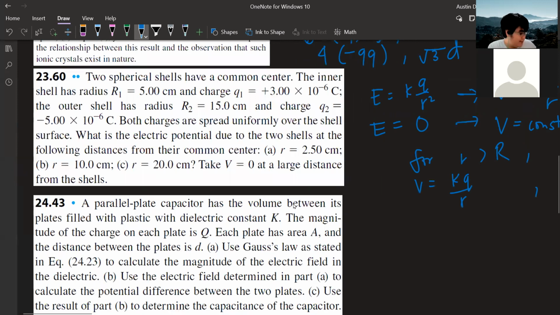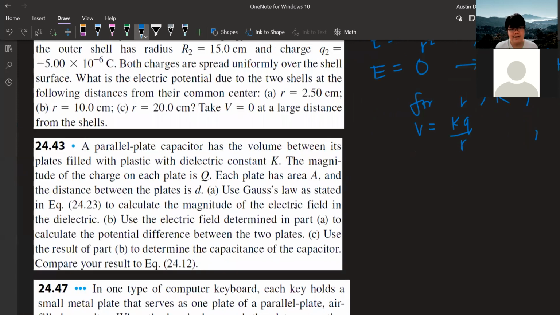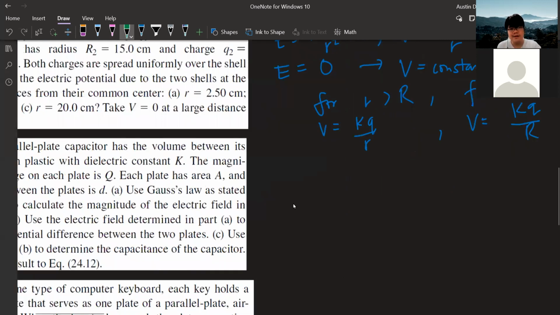And then let's do this other part. Parallel plate capacitor has the volume. Okay, drawing muna tayo ng capacitor. Meron kang parallel plate, and then another one here.